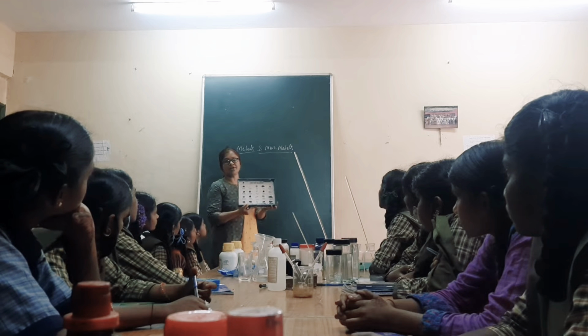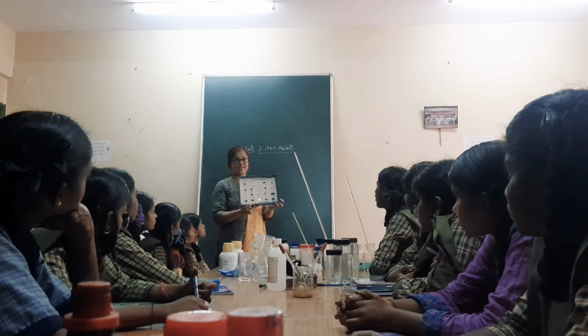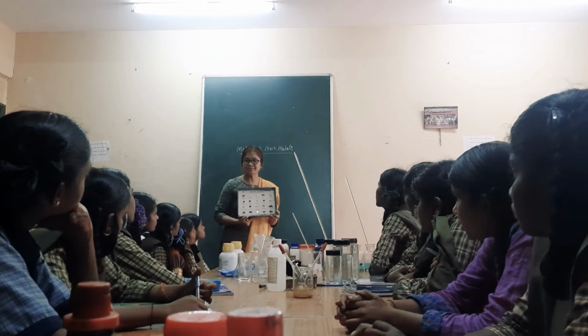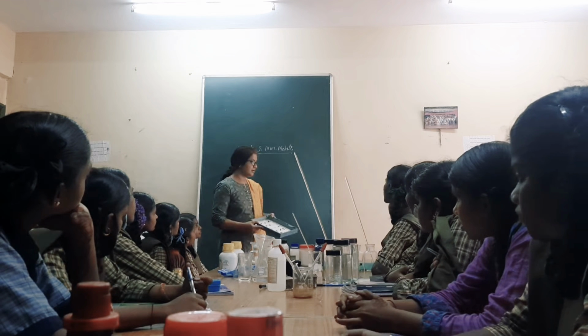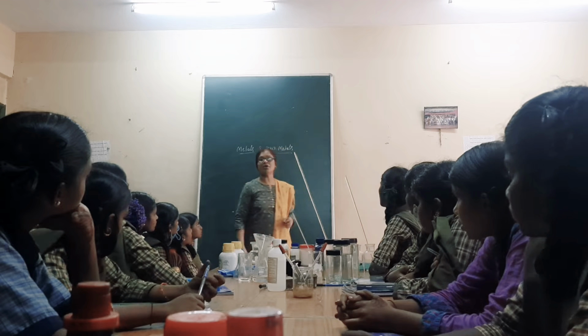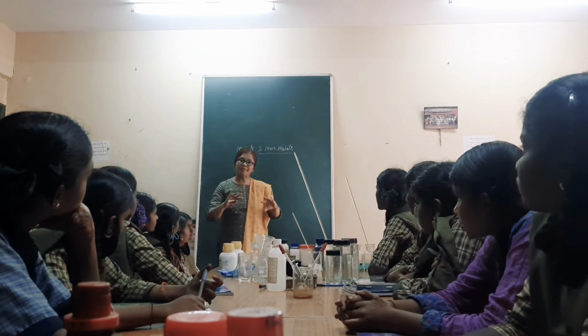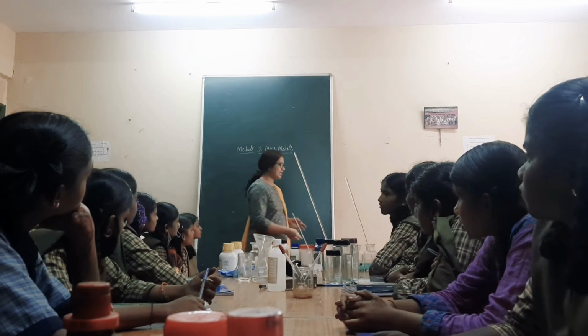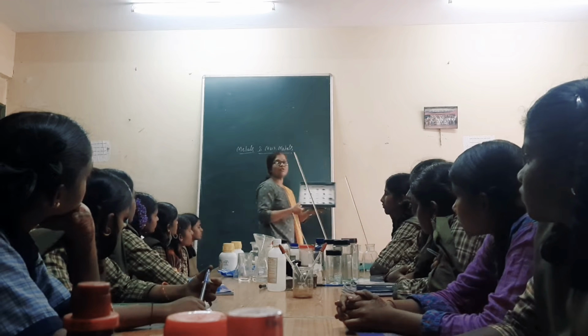These are the different alloys. How are alloys made? It is a homogeneous mixture of two or more metals. When two or more metals are mixed, alloys are formed.